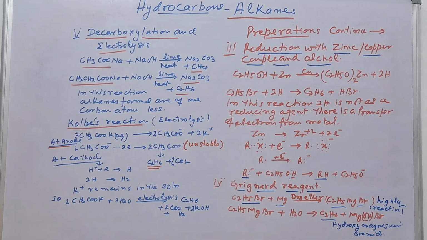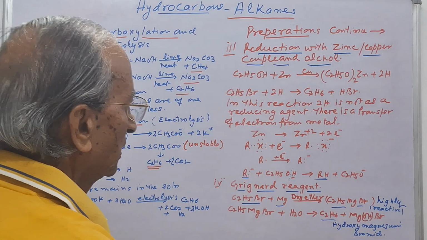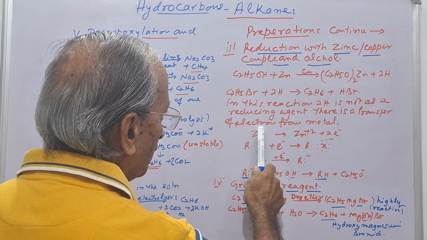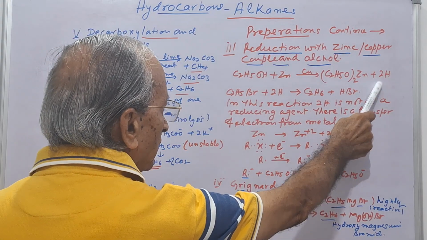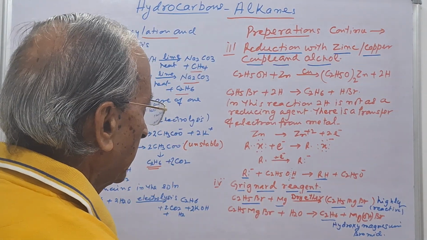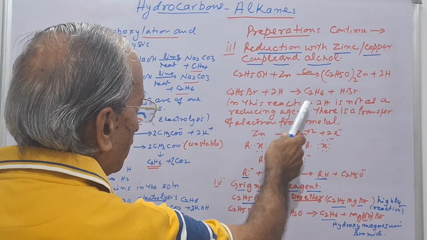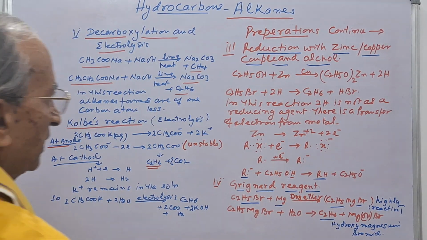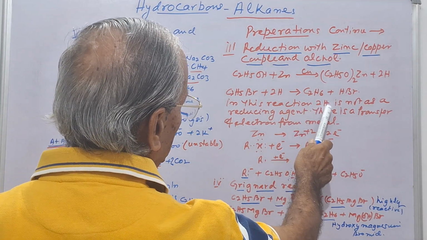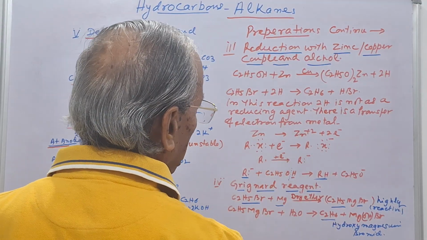In this case, there is a simple transfer of the electron from the metal. This 2H, nascent hydrogen, forms the ethane and HBr. But actually, it was found that in this reaction, 2H is not a reducing agent.